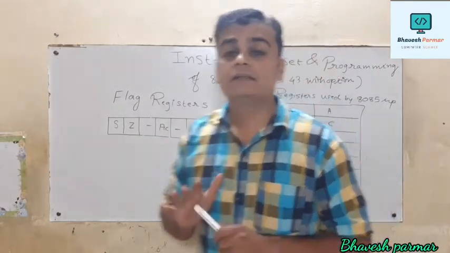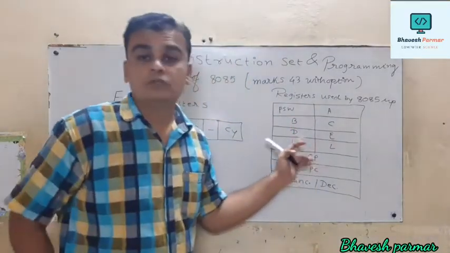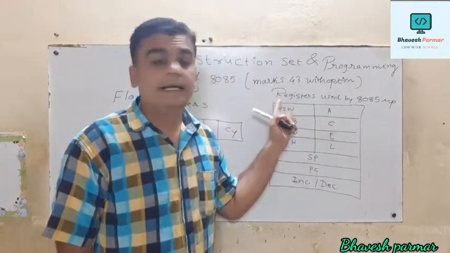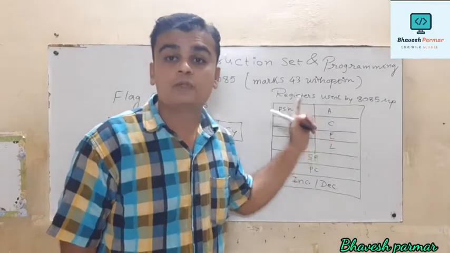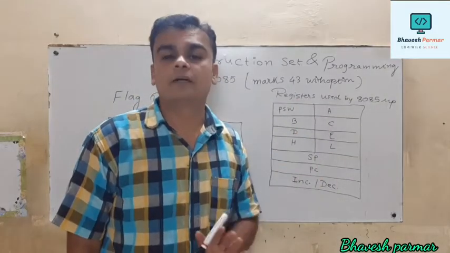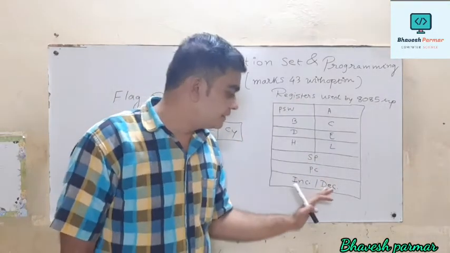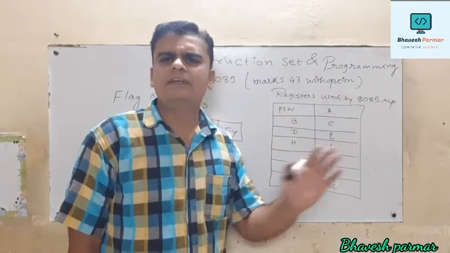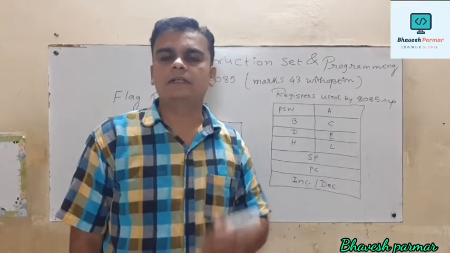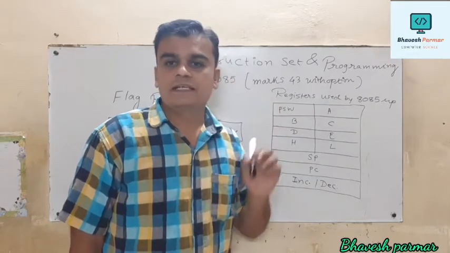The other diagram shown on our board is related to the registers used by the 8085 microprocessor. Let me take a short review and then we start our instruction set topic.